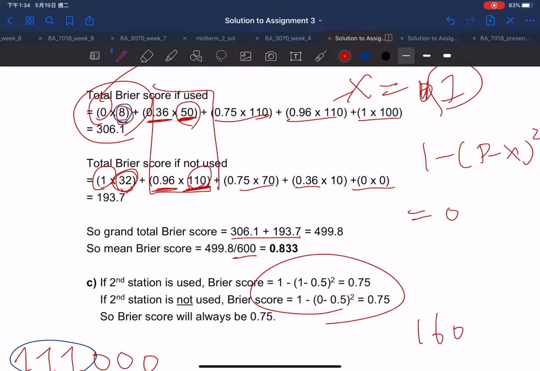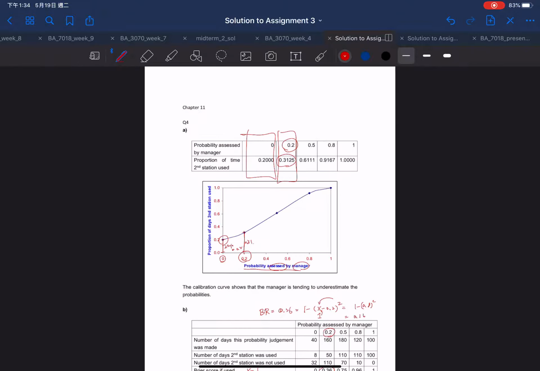And if every day the Brier score is 0.75, the average has to be 0.75, right? So you will find that in this case the Brier score is lower than this one. So although my prediction wasn't that good in terms of calibration, in terms of Brier score, it's actually not that bad.